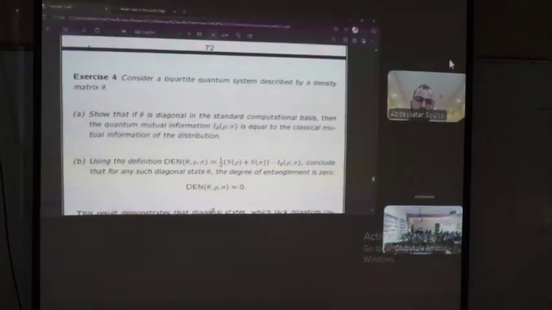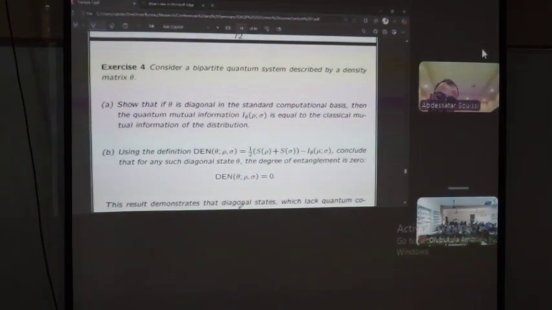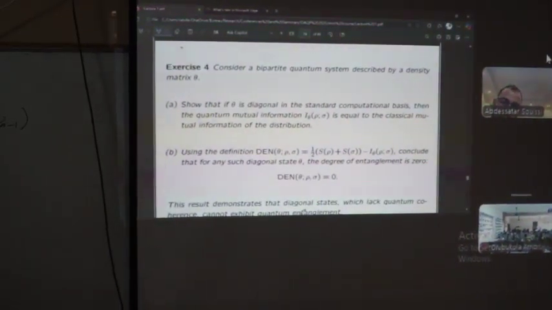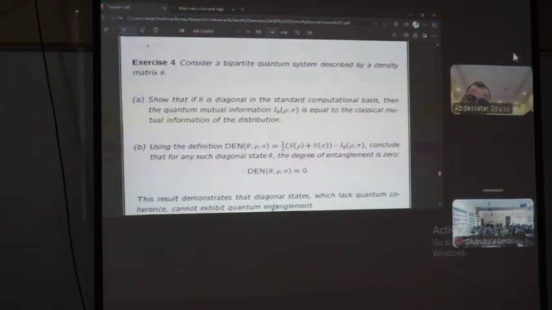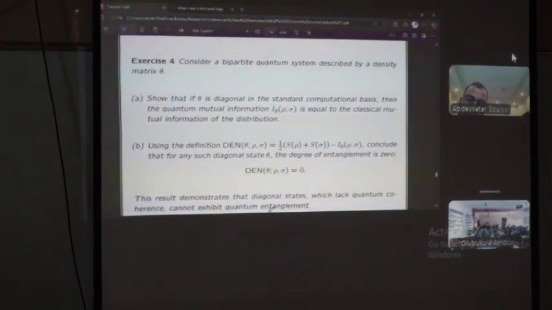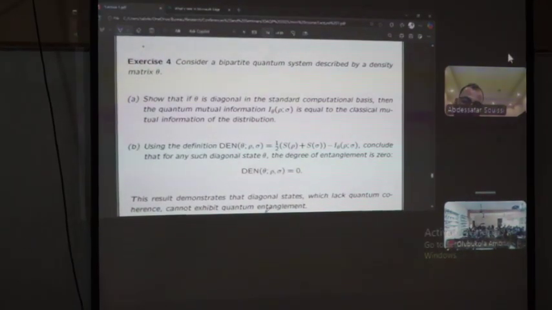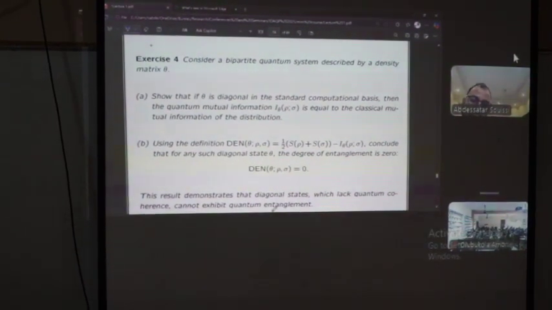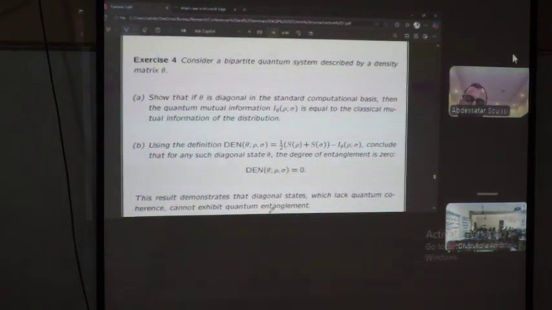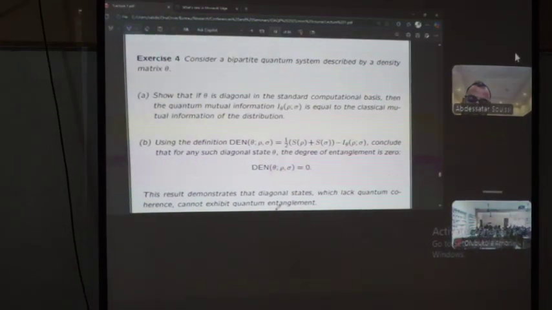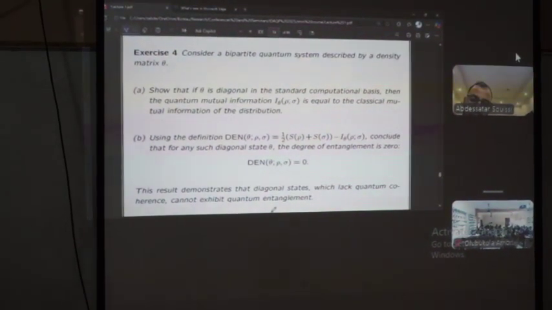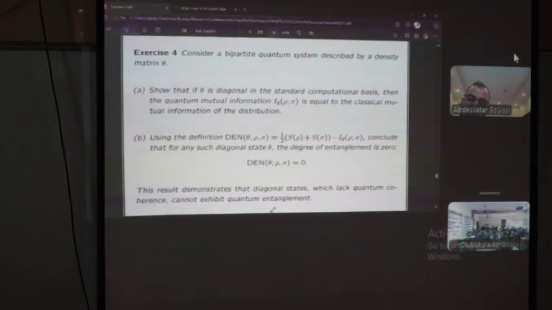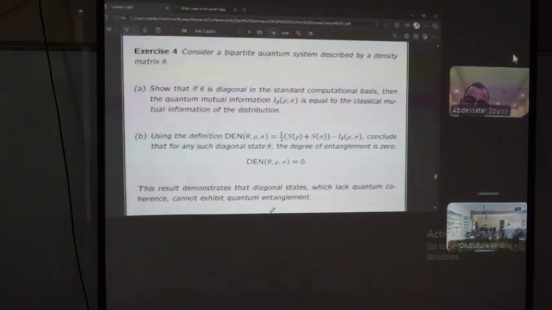Here is a nice exercise that shows the difference between classical and quantum systems. One may ask the next question: if we compute the degree of entanglement of a classical probability space, meaning for diagonal rho and sigma, for diagonal matrices, we can show that the degree of entanglement vanishes.